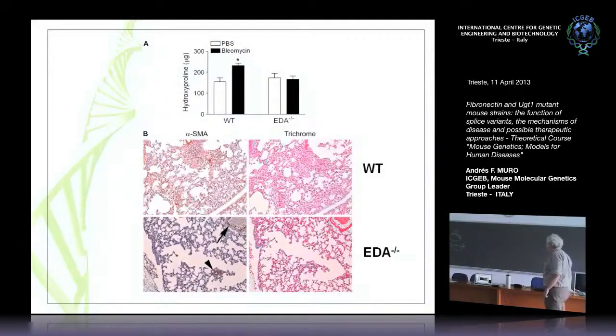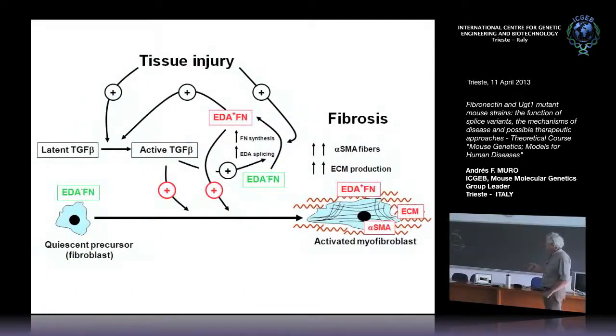And we could confirm that this happened, and then fibronectin participates in this cycle in which the latent TGF-beta becomes active, facilitating the conversion of quiescent precursor into the activated myofibroblast, and this is also stimulated by the presence of EDA plus fibronectin in the system.